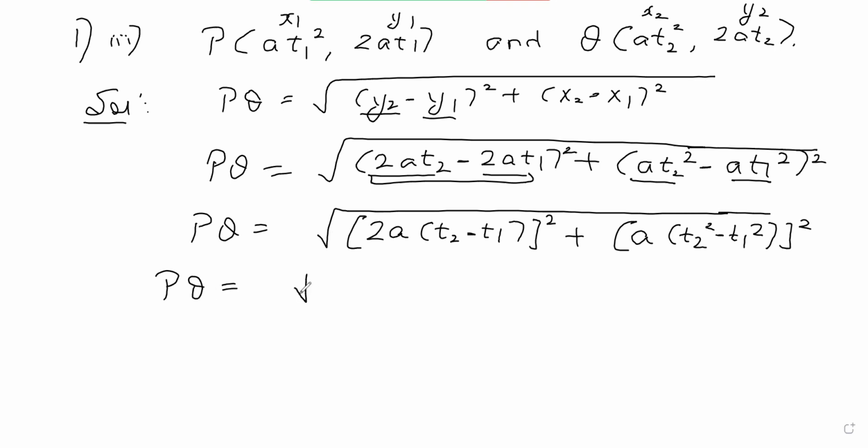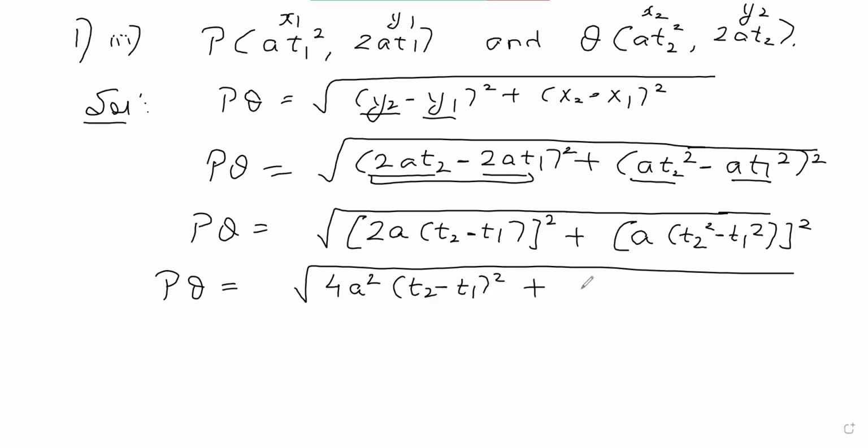So if I further simplify, 2a square is 4a square times t2 minus t1 square plus a square times, now t2 square minus t1 square I can write as t2 minus t1, t2 plus t1 whole squared up.